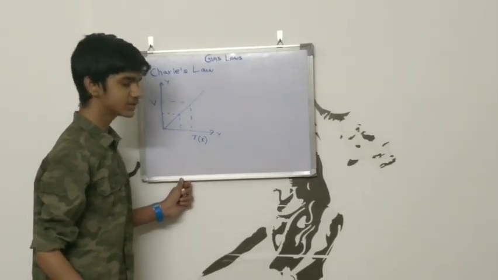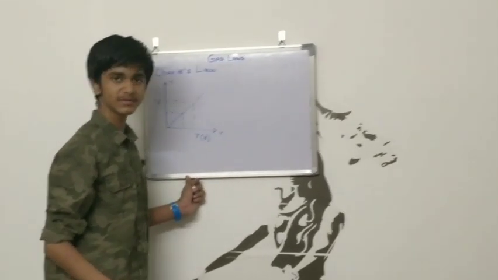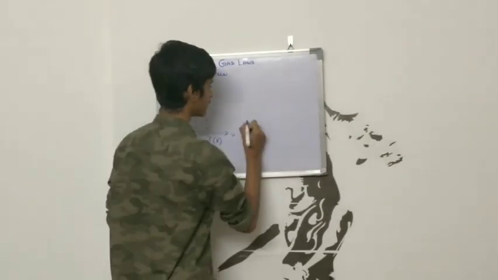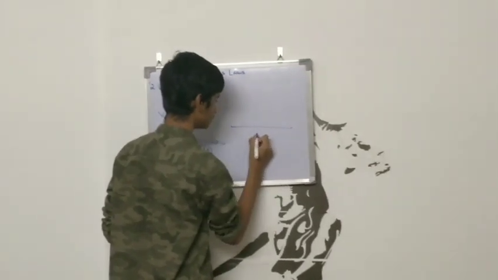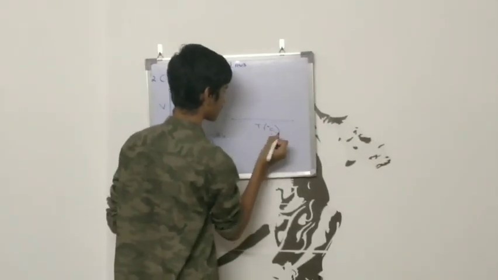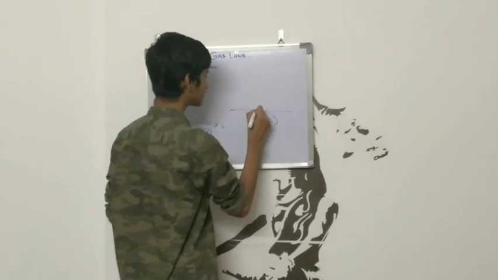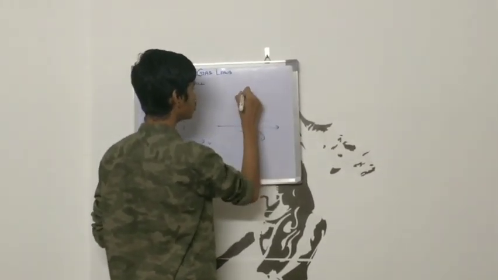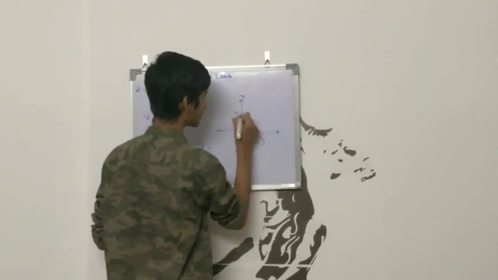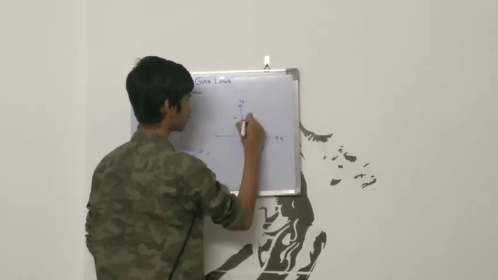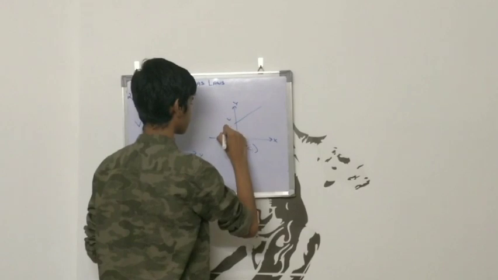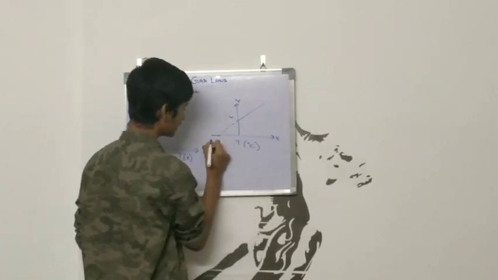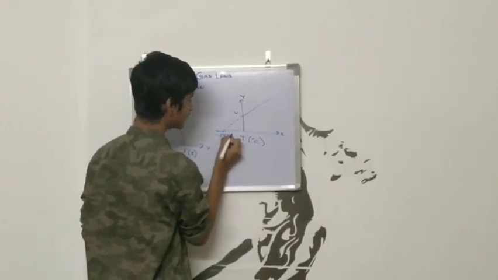We can also draw another graph in which the temperature is represented in degrees Celsius. In this graph I am going to take the y-axis as volume and the x-axis as temperature. And this point would be minus 273 degrees Celsius.